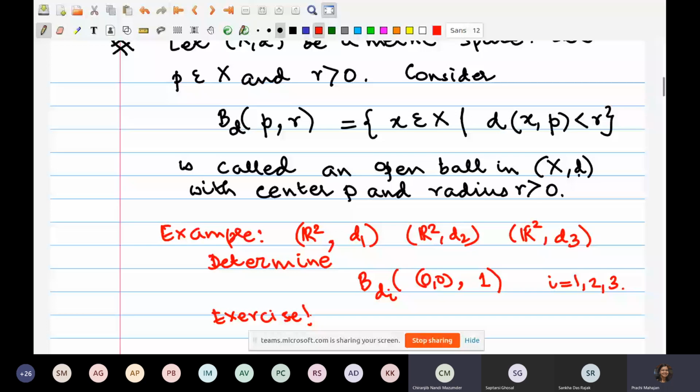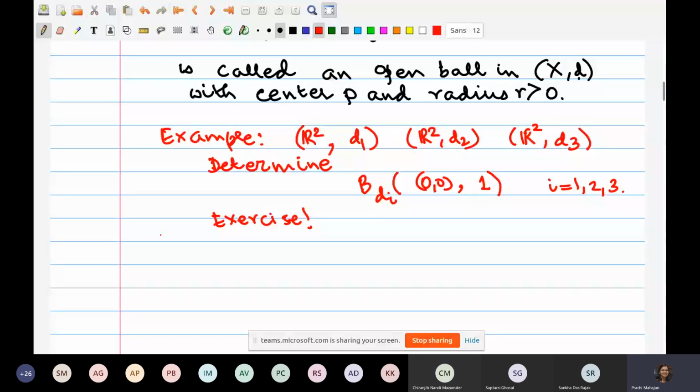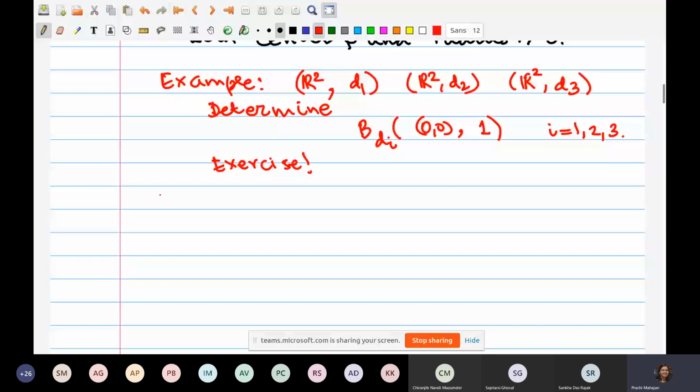Let me denote points in R2 by (x1, y1) and, let's say, (x2, y2), ordered tuples in R2. So d1 is, I think this was what I denoted as d2.